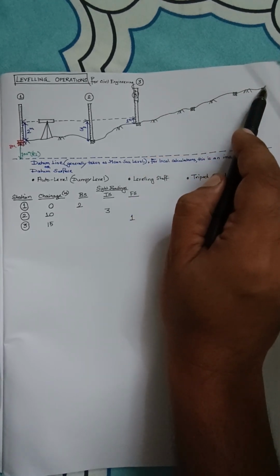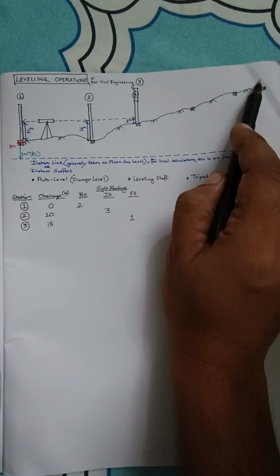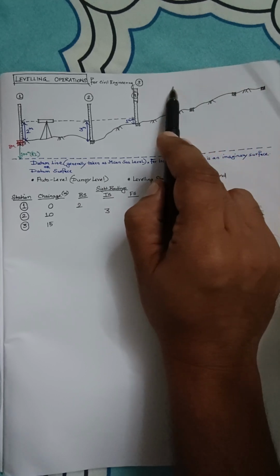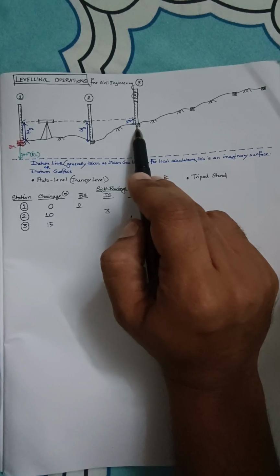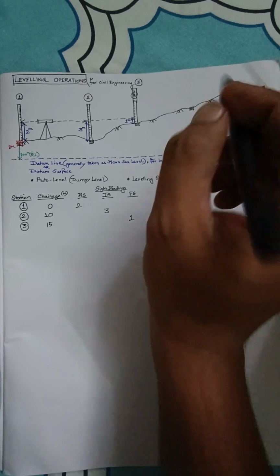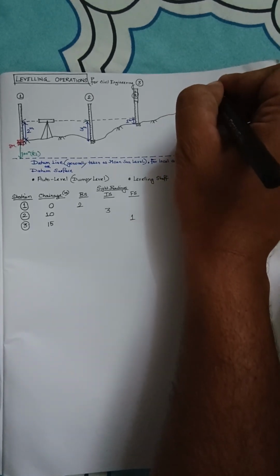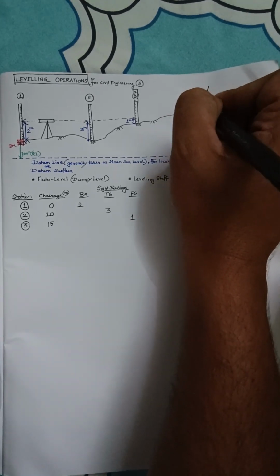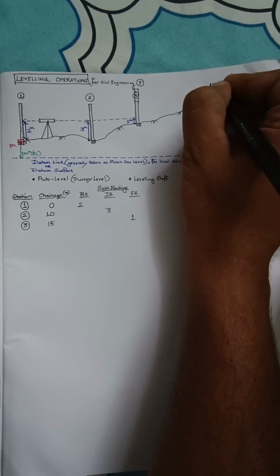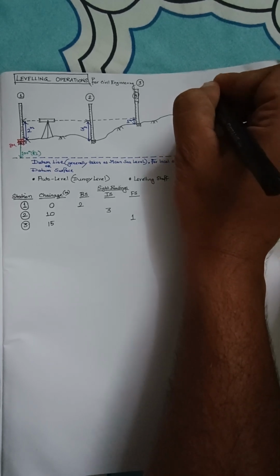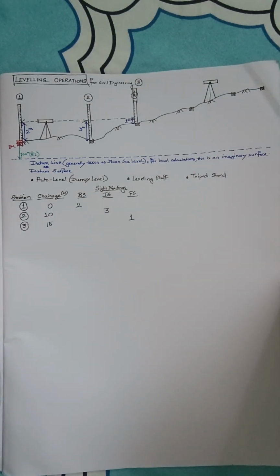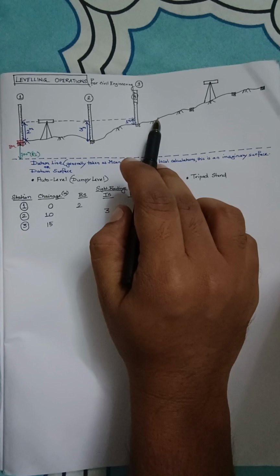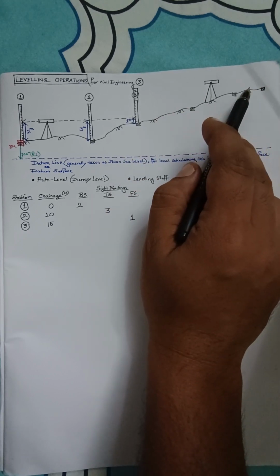So if I want to see any reading at this point, the line of sight must be clear, and also I have to see this because this is now the last known point, right? So now we have to just take the instrument somewhere over here. For my convenience, I am putting it over here. This is the second setup. Now, I could have put this over here also, doesn't matter.